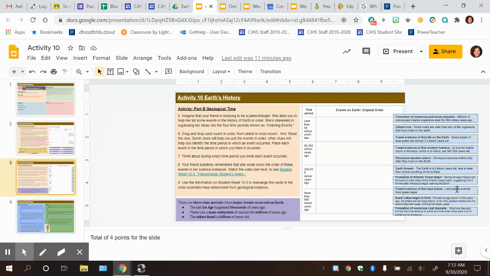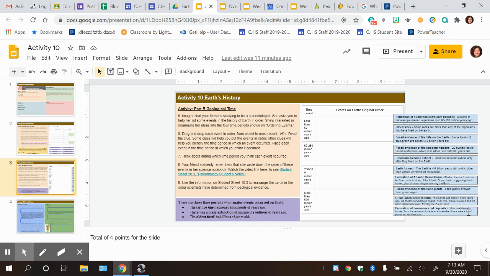Okay, fossil evidence of first land plants. Land plants evolved from green algae. Great Lakes begin to form. The last ice age, about 14,000 years ago, ice sheets carved large basins. Over time, glaciers melted and the basins filled with water, forming the Great Lakes.